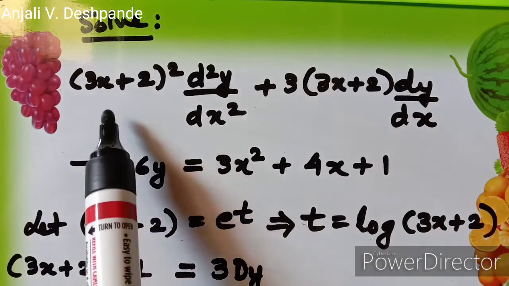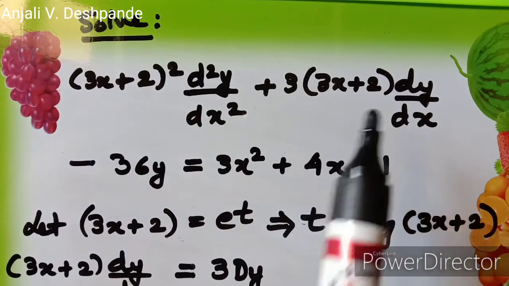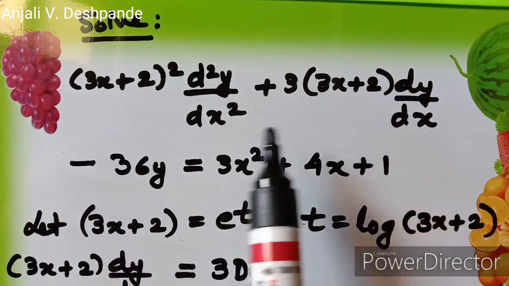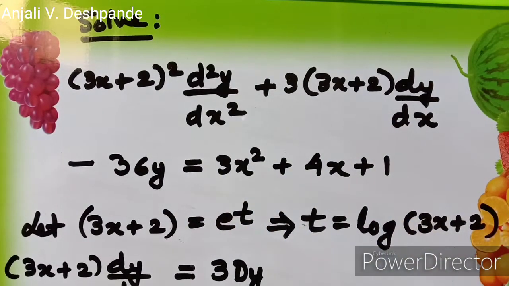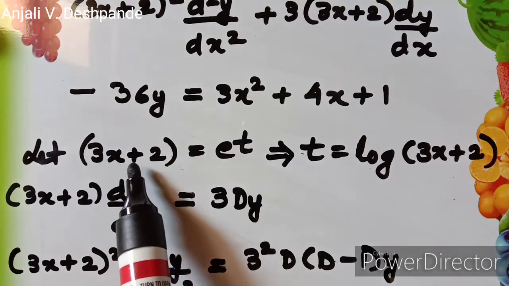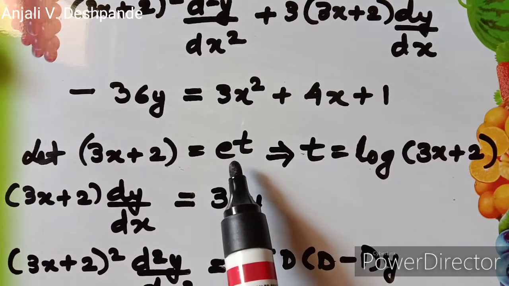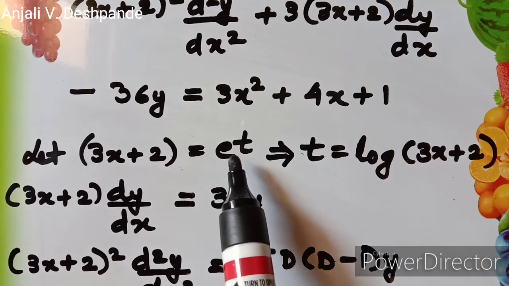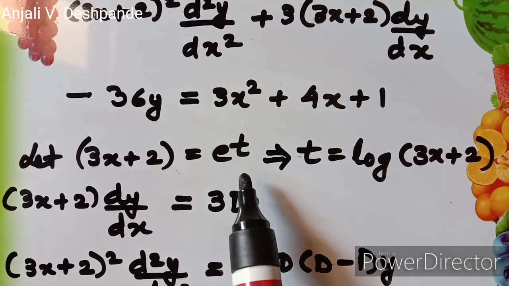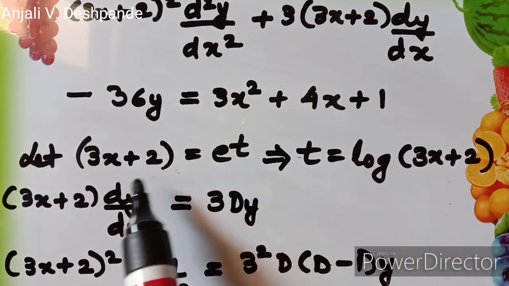Now we shall see the supporting example for Legendre's linear differential equation. So this is the example which has been given to us. First of all, we are going to use the conversion. Put 3x plus 2 is equal to e raised to t. Just go back to the previous section in the video where we had discussed how to convert the Legendre's linear differential equation to the linear differential equation form.